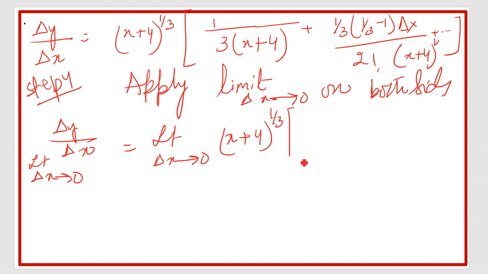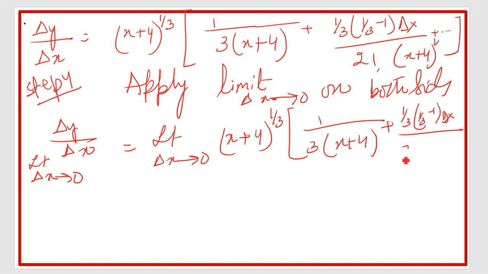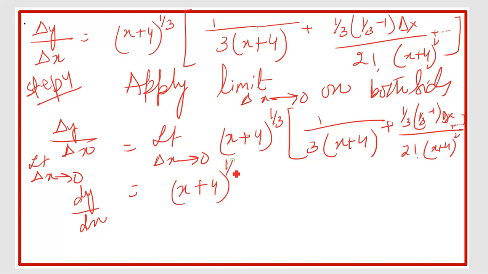That is why you have to write down first x plus 4 to the 1 over 3 into 1 over 3 minus 1 delta x over 2 factorial into x plus 4 square, and so on. So when you apply delta x tends to 0 on delta y over delta x, it would be dy by dx. Wherever you have delta x, you have to put 0. So this will remain the same constant because we do not have any delta x here. Same thing here. It will remain the same.